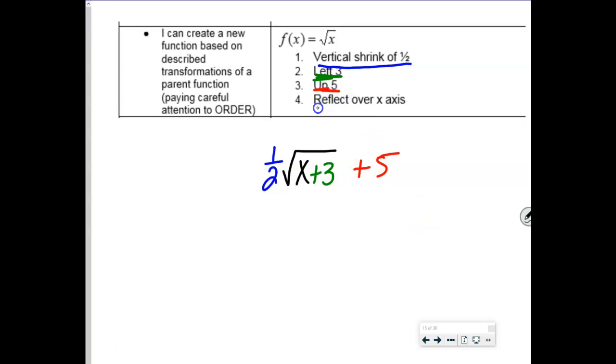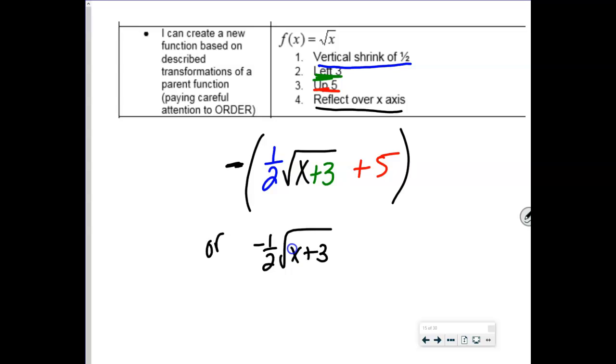And then just for funsies, we don't usually do this. At the end of my problem, I want you to reflect it. So just do this. Thank you, Adam. If you want to apply that reflection at the end of the problem after everything else occurred, you got to do that. So with that in mind, what else would I accept as a correct answer? Nope, just distribute.